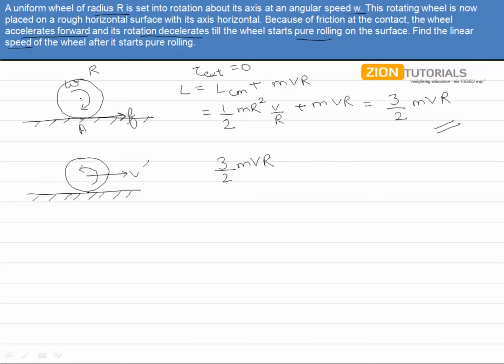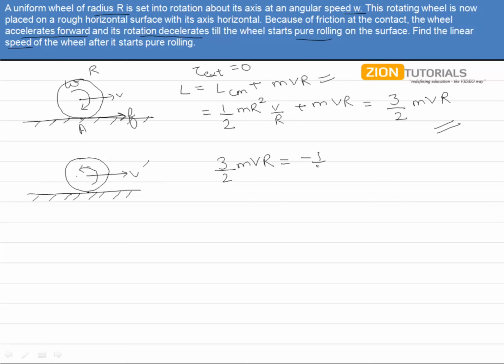So now let me mark it as v. Conserving it, this was the initial, and now we can write the final by this formula. So L about the center of mass will be in the opposite direction because it is anti-clockwise.